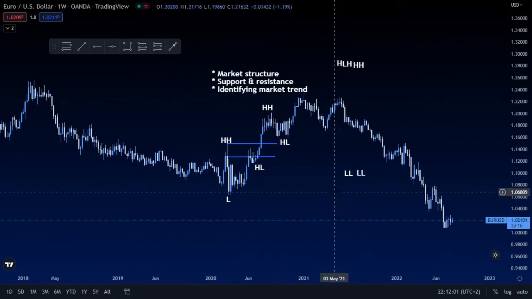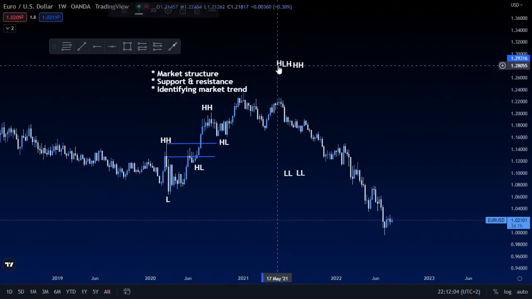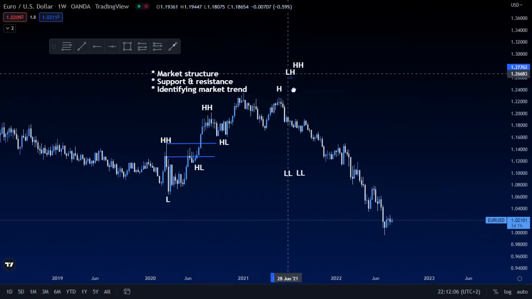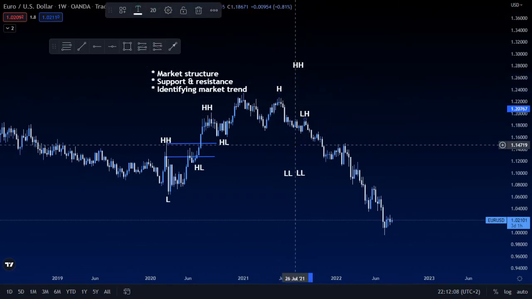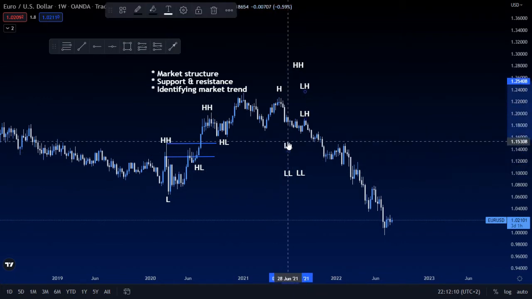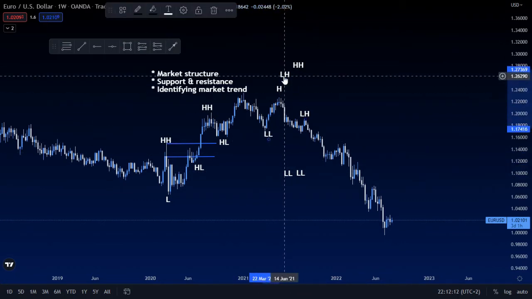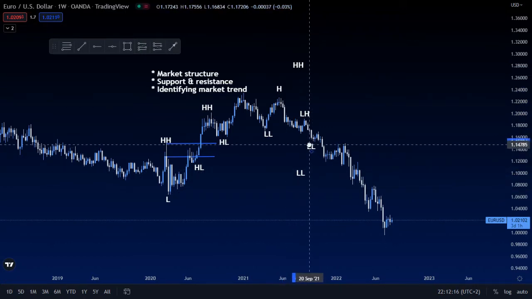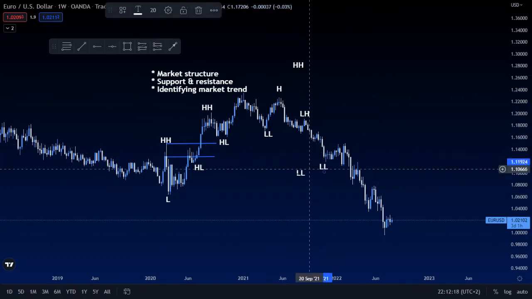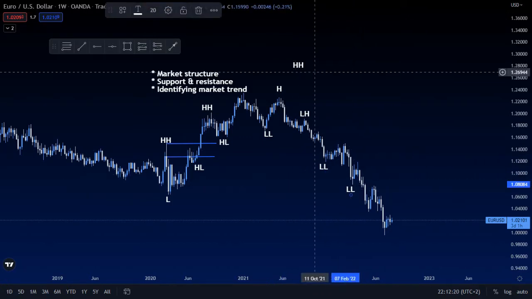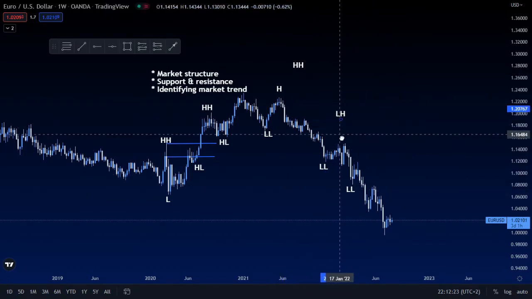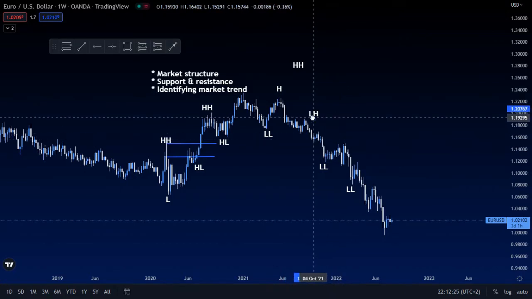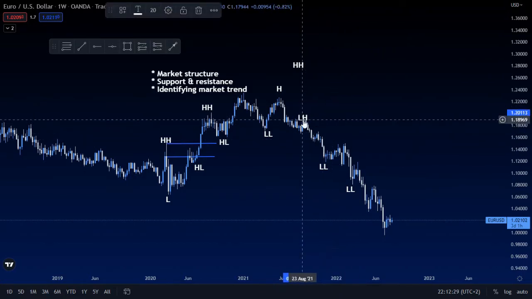Now, the opposite end of that would be the market showing us a structure of lower lows and lower highs. So as identified here on the screen, currently we can see that the market is generating lower lows and lower highs.